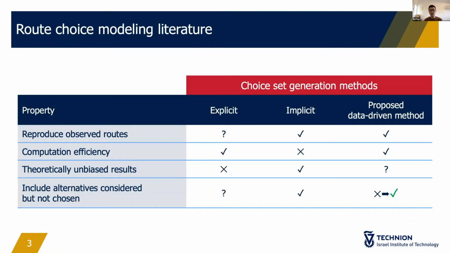So currently, there are three approaches that tackle the route choice set generation problem: explicit, implicit, and data-driven methods. All of them have pros and cons, as you can see here. Our proposed data-driven method is not only computationally efficient, but also able to include alternative routes that are considered but not chosen in the choice set.